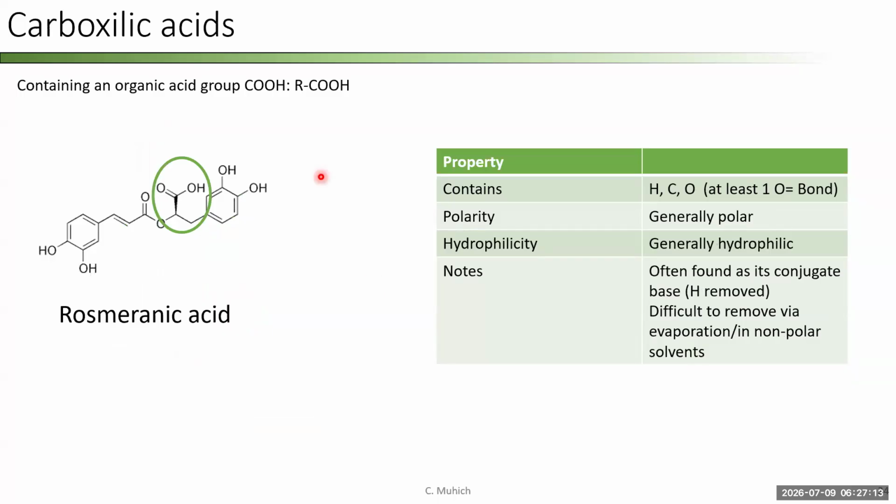Next, we'll talk about carboxylic acids and our acid groups. Here I'm showing an example of rosmarinic acid, where you can see this carboxylic acid group right here. Once again we have an oxygen double bonded to a carbon, and that same carbon has an alcohol group.